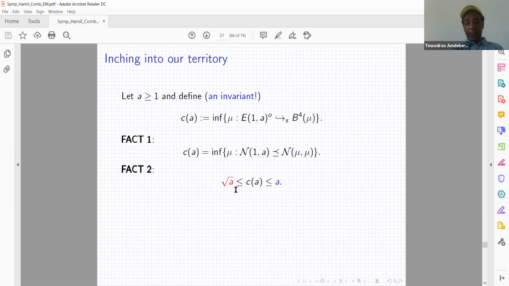And the next observation is that this number C of A, the smallest it can be is the square root of A. In symplectic geometry language, in terms of embedding, if this capacity invariant C of A equals the square root of A, it means that when you want to do symplectomorphisms, the only obstruction is volume.